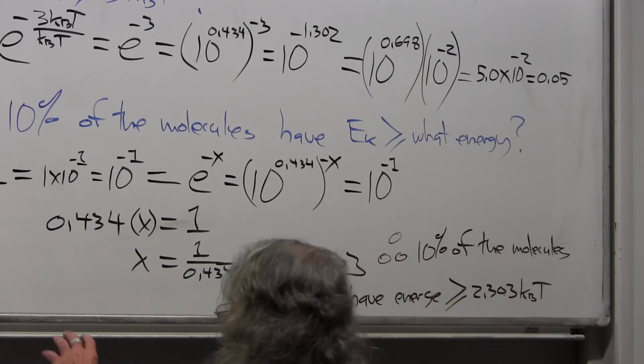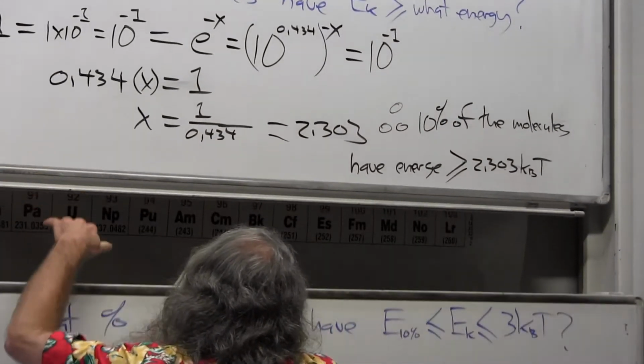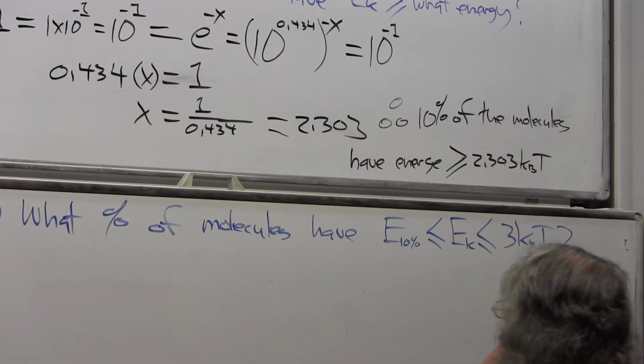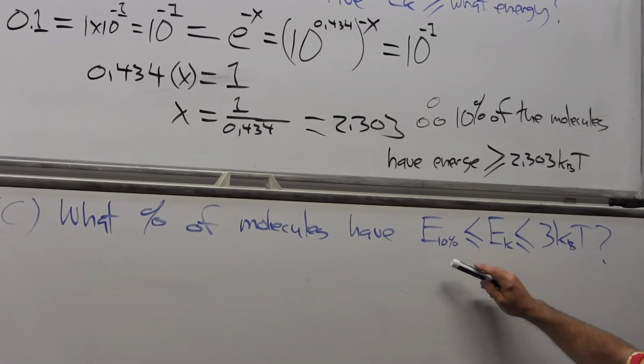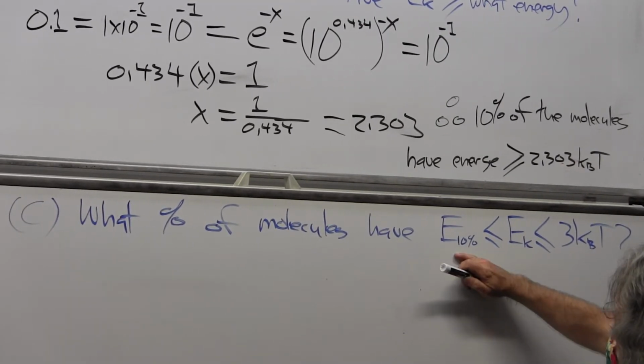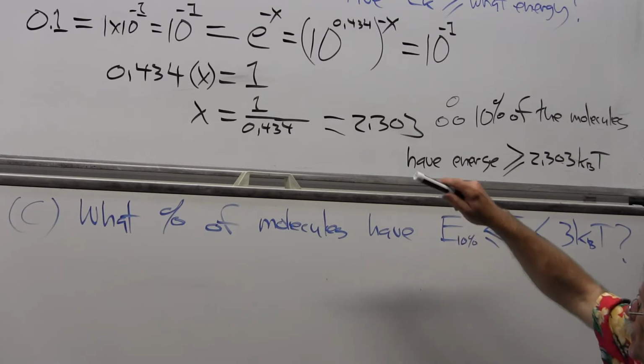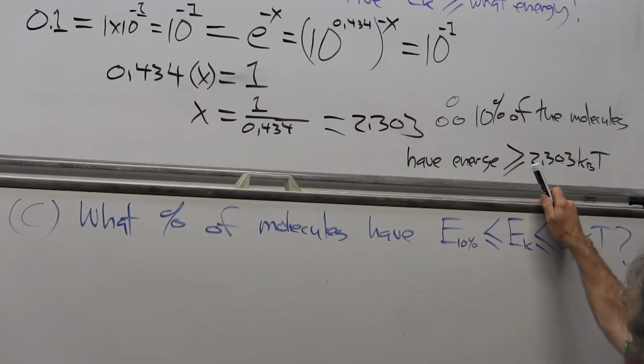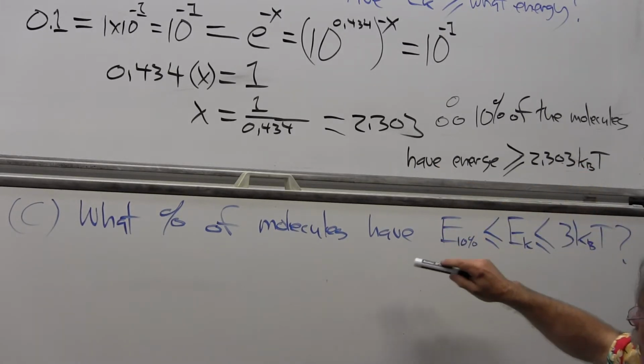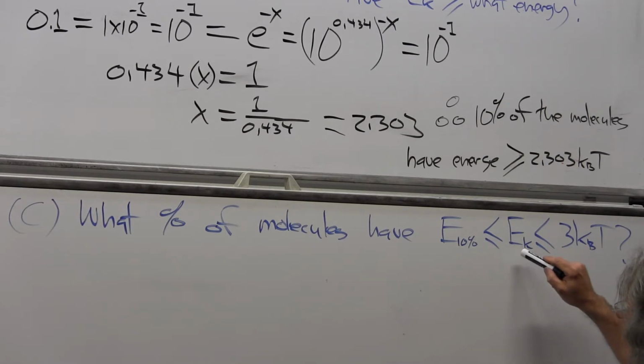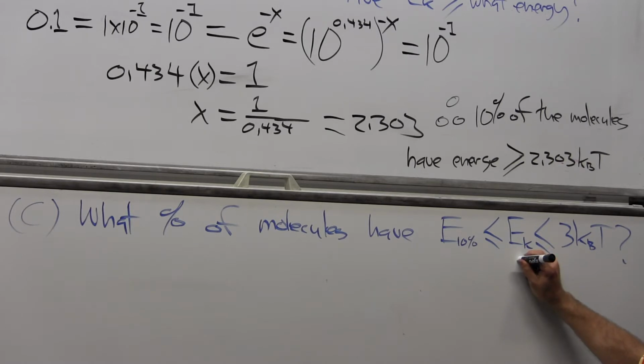But now that we've got all of this information, we can answer the last question. This is the what percent of the molecules. This is the 10% that have E less than that. E 10%. This is E k.